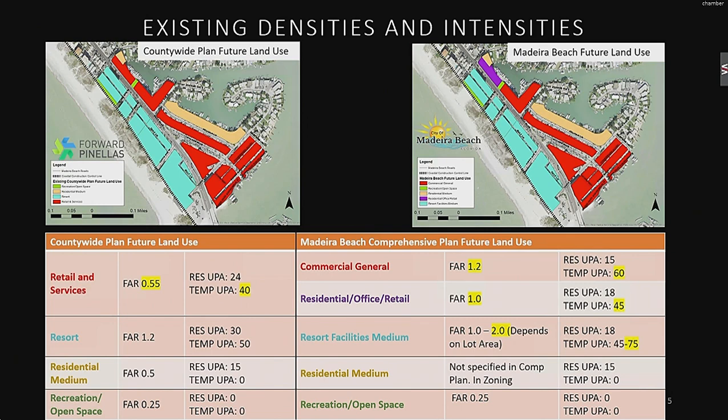The countywide plan can have, for certain land uses, say retail and services, a floor area ratio of 0.55. Locally, we can adopt something like that 0.55 floor area ratio, but we cannot exceed that standard. You can see on the right how some of our standards exceeded what the county allowed for, and that's what's highlighted in yellow.